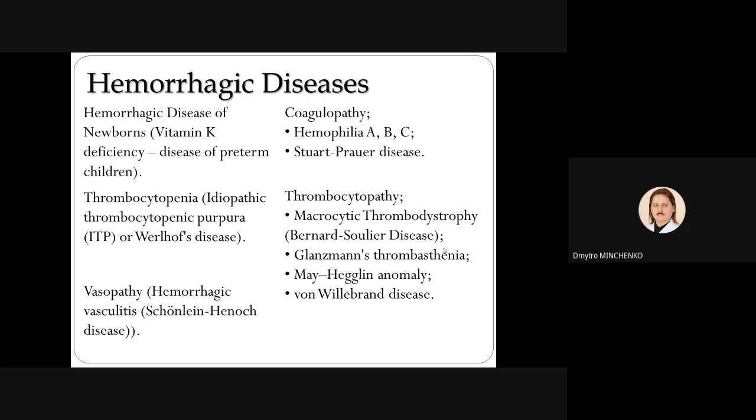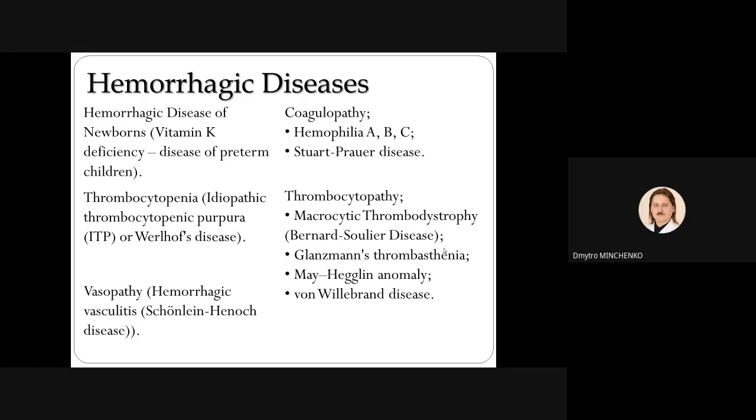Vasopathies, hemorrhagic vasculitis. There are many hemorrhagic vasculitis. One such representation of a more or less common hemorrhagic vasculitis is the Schönlein-Henoch disease. Coagulopathies, we have hemophilia A, B, C, Stewart-Prower disease, pseudohemophilia.